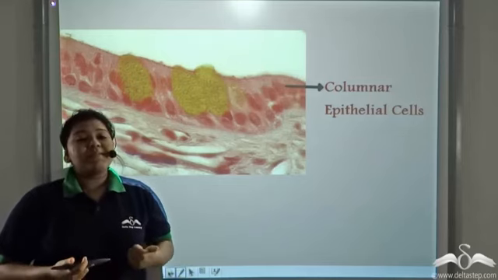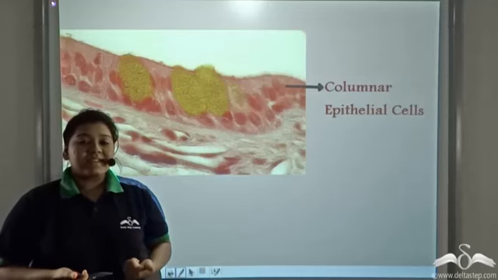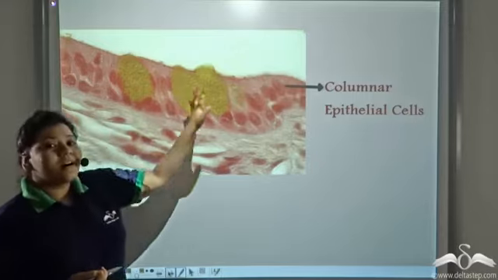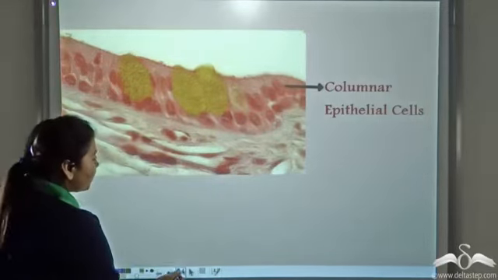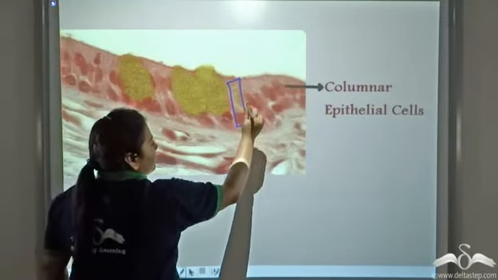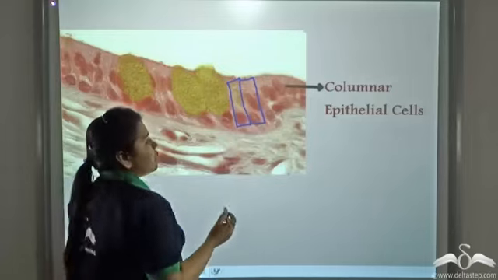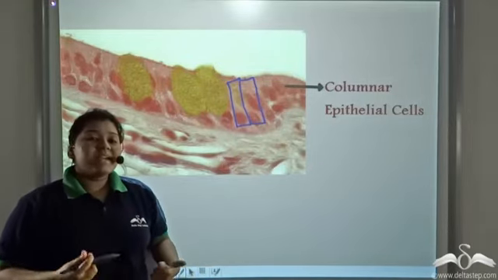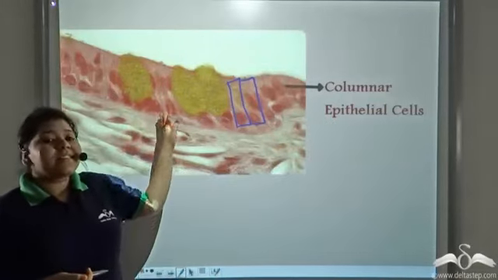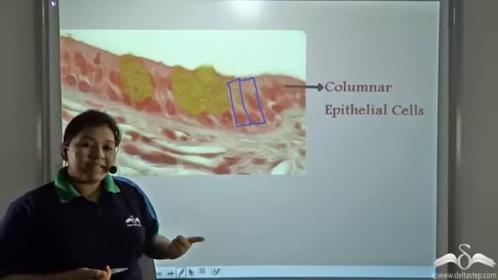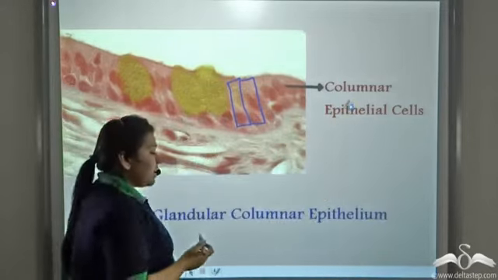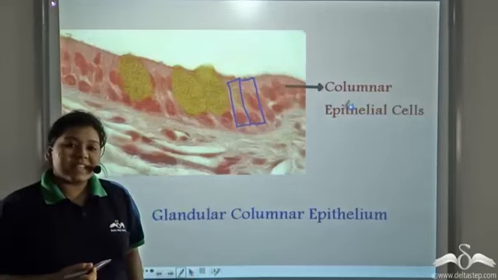There are other cells in the body which secrete things, just like the sweat glands. This is a picture of the sweat gland. See the cells that are present? They have a column shape. So we can say that it is made up of columnar epithelial cells. Since the entire gland is made up of columnar epithelial cells, these can be called glandular columnar epithelium.